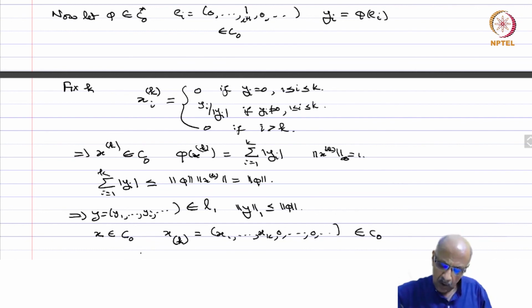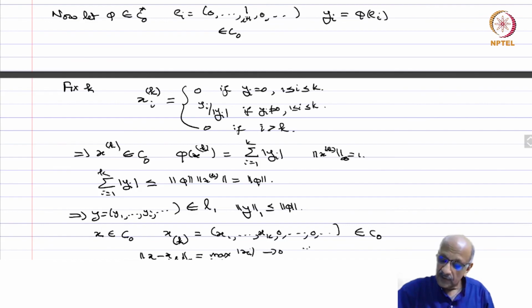And norm of x minus x(k) infinity is equal to max of mod xi for i bigger than k, and that goes to 0 since x belongs to C0. So it can be made as small as you like.